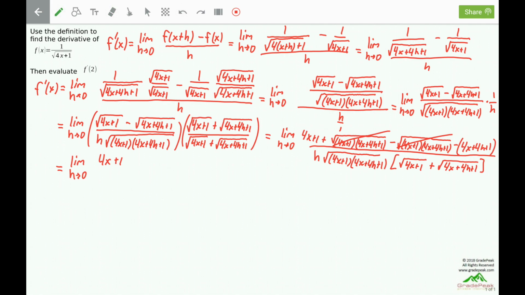So we're going to do that, and that will give us a negative 4x, a negative 4h, and a negative 1. And all of this is over the same denominator. We haven't done anything with that just yet.